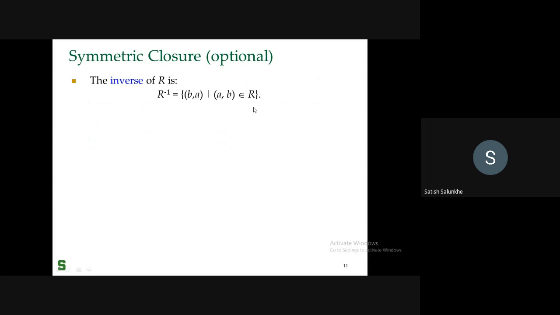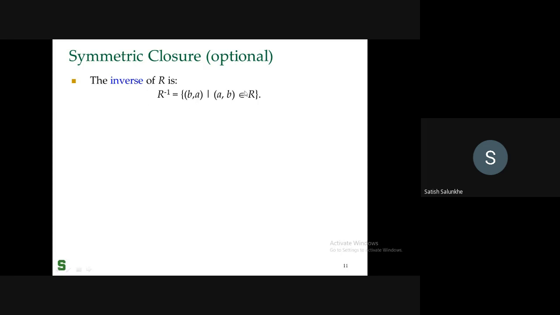For that, there is one more concept we should understand: inverse of a given relation R. So what is inverse of given relation R? If you are having relation R having all the ordered pair elements A comma B, then all the elements belonging to R inverse will be B comma A. You are just interchanging domain and codomain.